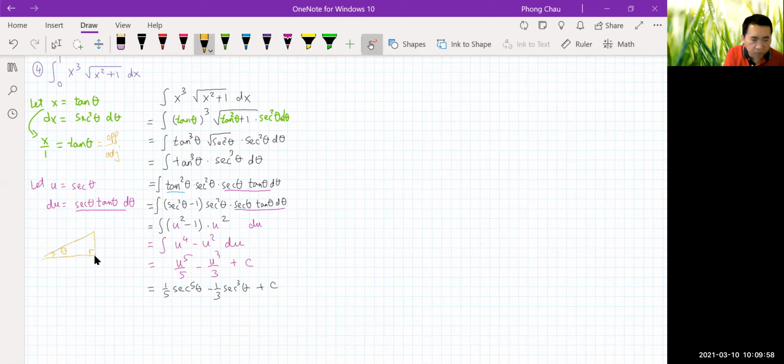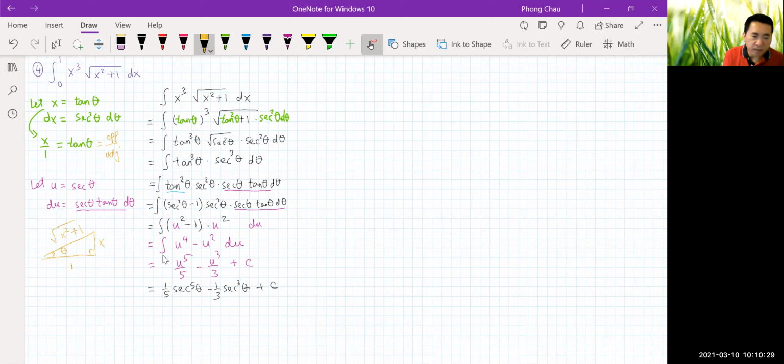The opposite side is x and the adjacent side is 1. Solving for the hypotenuse, 1 squared plus x squared equals hypotenuse squared, so it's the square root of x squared plus 1. That is the square root from the beginning.